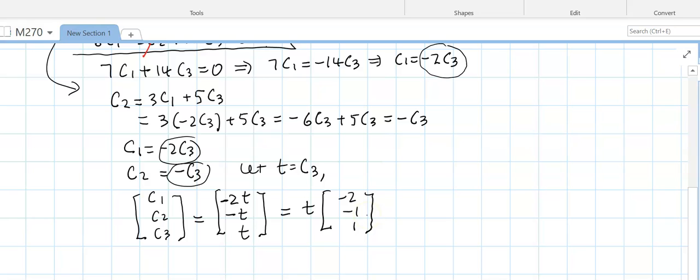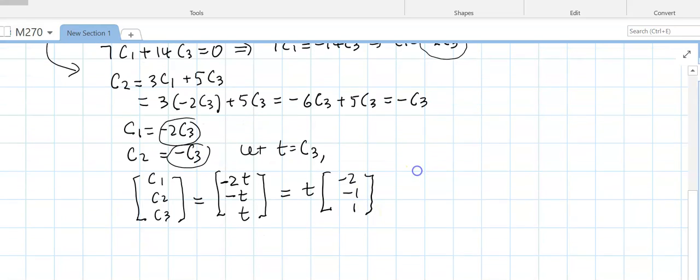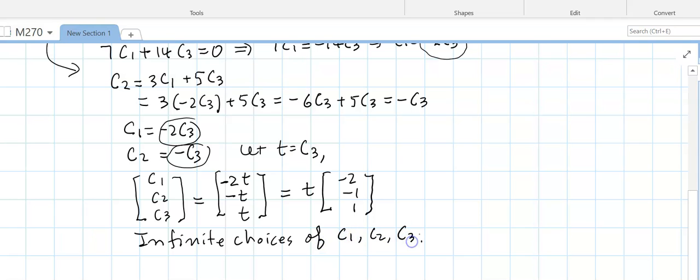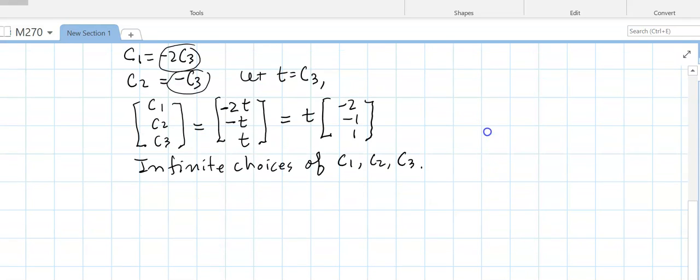We have infinite choices of C1, C2, C3. Definitely infinite choices. So if I let, say, t equal 1, that means C1 equals -2, C2 equals -1, and C3 equals 1.